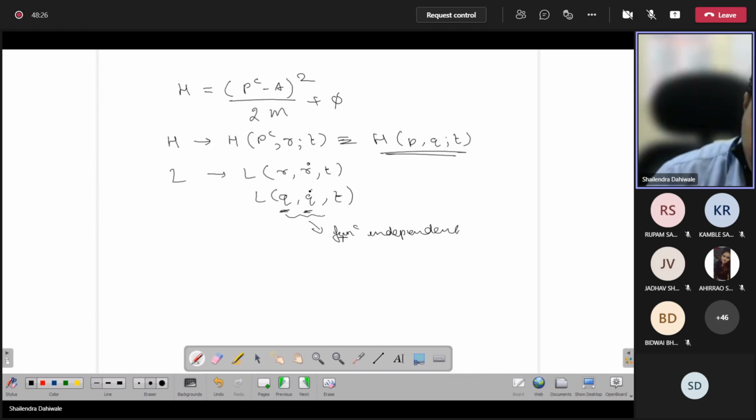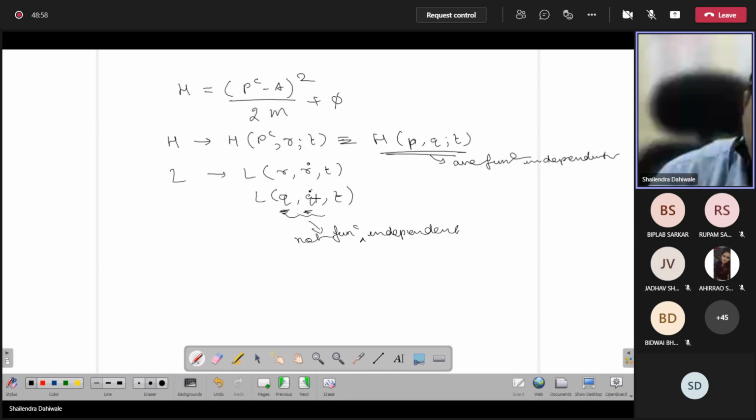What is functionally independent? We will come to this again when we make the transformations. But here P and Q are functionally independent.